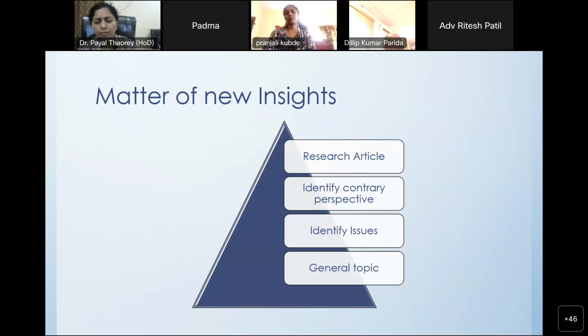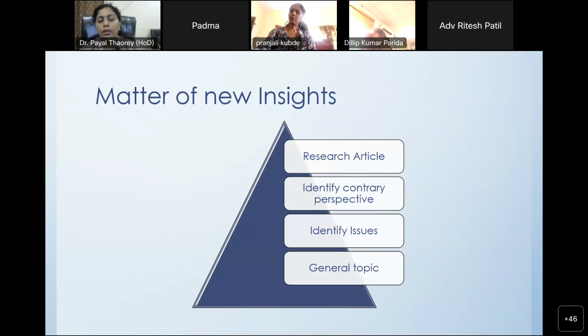If everybody has done identification of issues, and if your topic is a very very generic one, then probably it becomes very difficult for an author to write a paper, and that too one which is plagiarism free, which has a low similarity index. It becomes very difficult. So think in a very calculated way about how you are going to identify the issues.